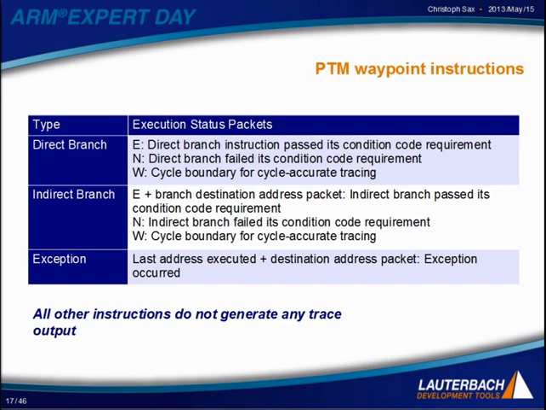Nonetheless, because the trace information reflects all the changes of the control flow that have occurred during the program execution, it is possible for the trace tool to derive the whole program flow that was executed from the available trace information.